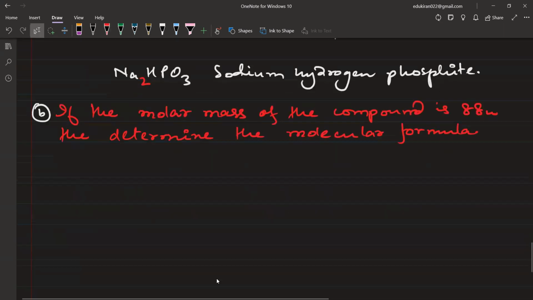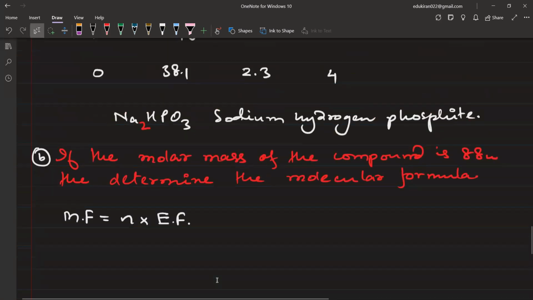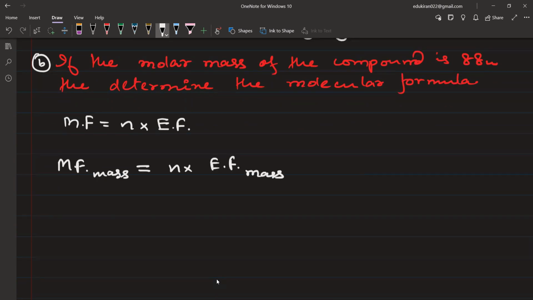Okay, so we have seen that molecular formula is equal to n times the empirical formula, right? So see, what do we have here? Molecular formula and empirical formula. Similarly, the molecular formula mass, whatever the molar mass is, will also be equal to n times the empirical formula mass.